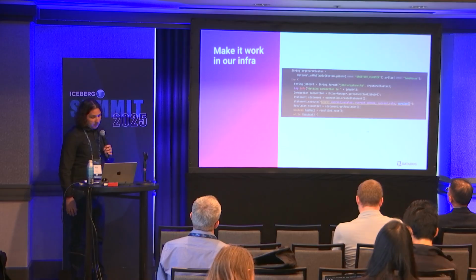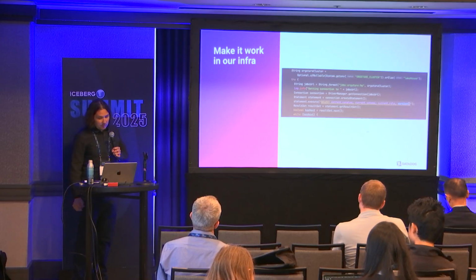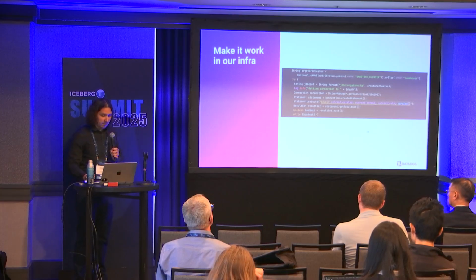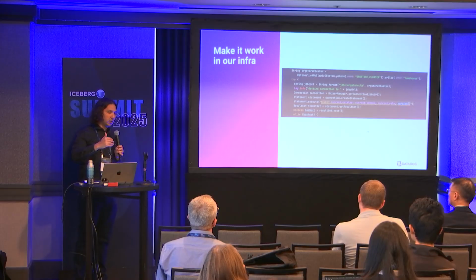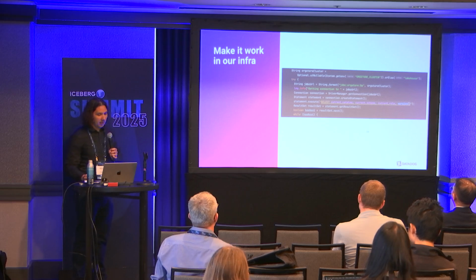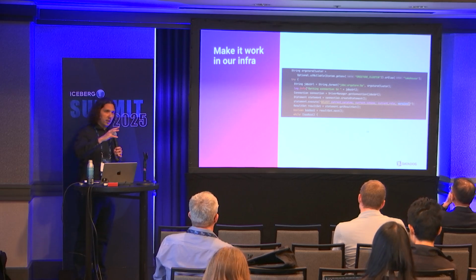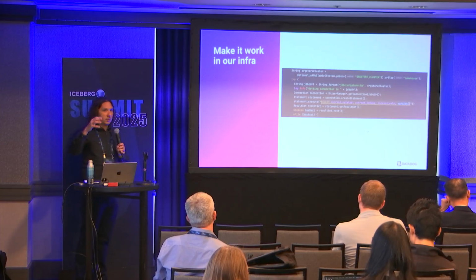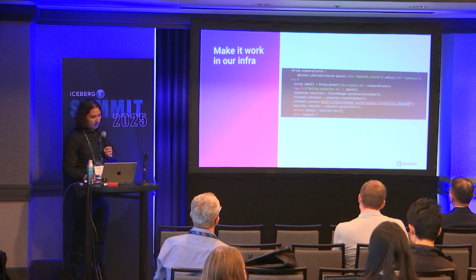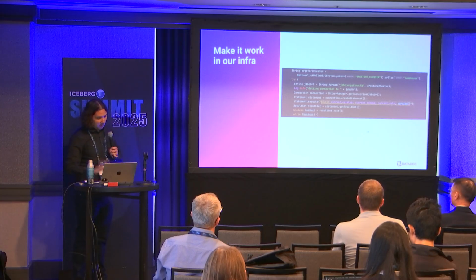We also needed to implement a JDBC driver to integrate with our custom Postgres infrastructure. So we have a database connection pool implementation that requires doing authentication in a certain way. And instead of trying to write our own implementation, we just said, oh, well, if we write a driver, we can push it all behind the driver interface. So that worked, and we got it working on our infrastructure.